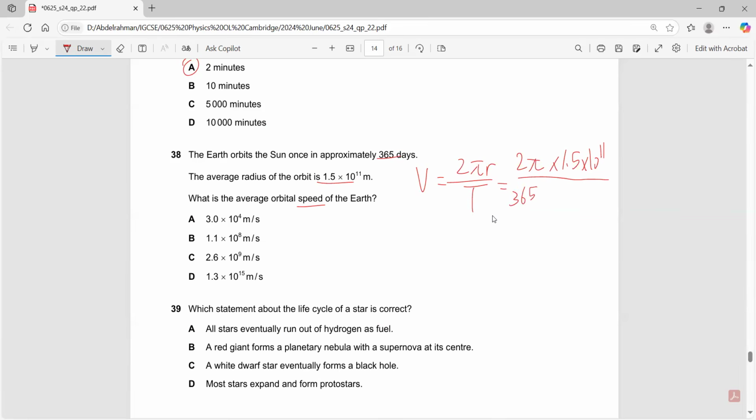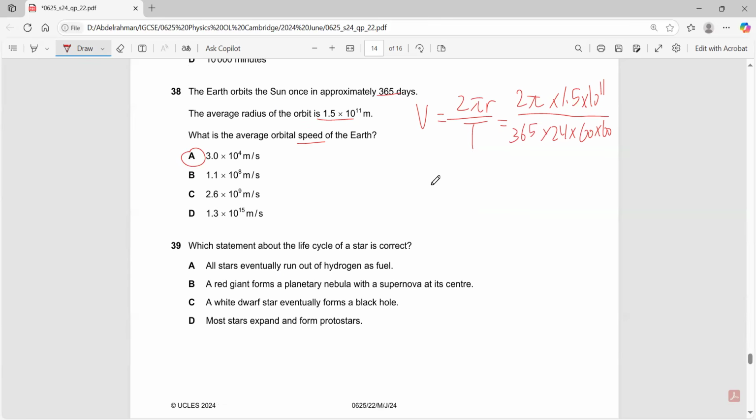But you need to convert it into seconds, right? 365 days times 24 hours times 60 minutes times 60 seconds, which will give you an answer very close to 3 times 10 to the power of 4 meters per second. Okay, 30,000 meters per second.